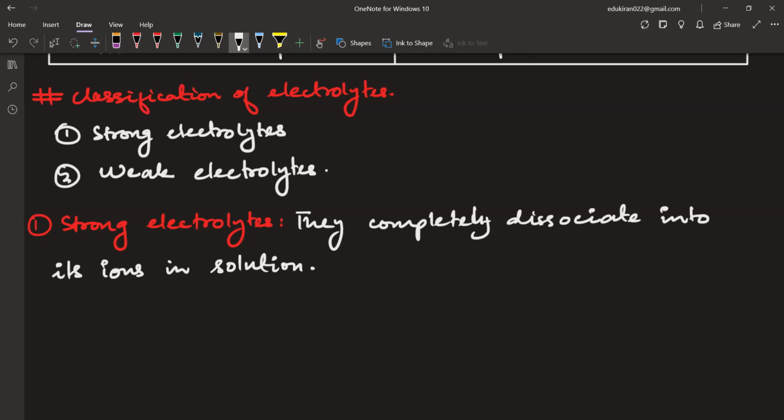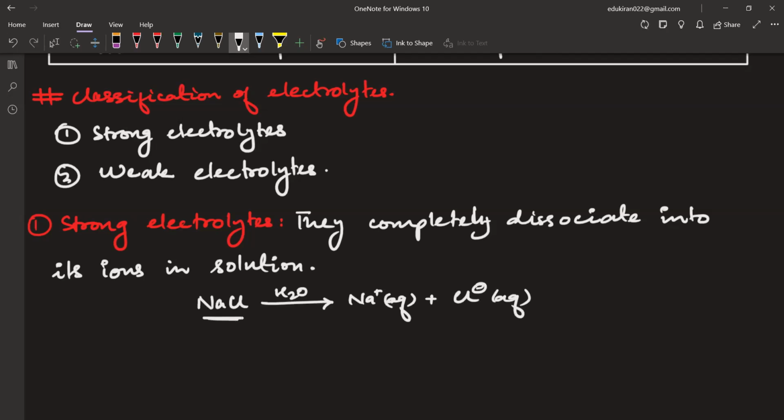So if you add them into water, what will happen? They will completely dissociate. For example, NaCl. If you add this into water, what is going to happen? They will form Na+ (aq) plus Cl- (aq). So you will not see any salt there.